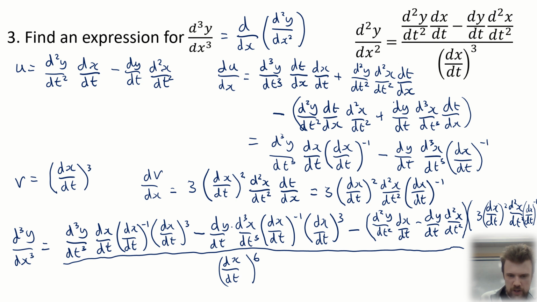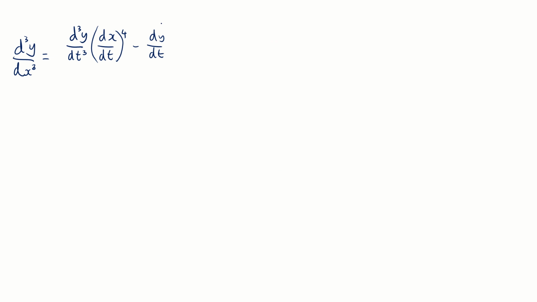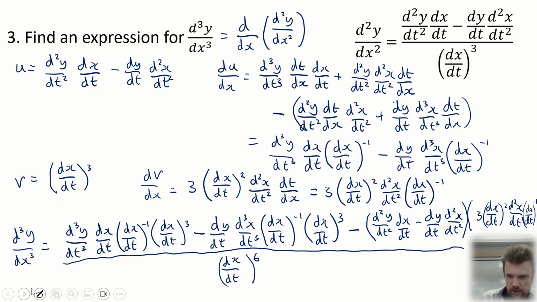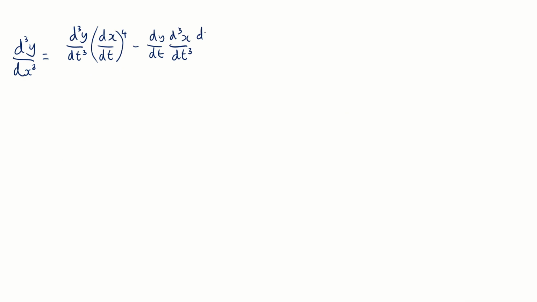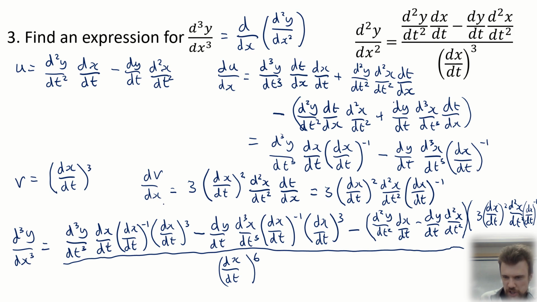We have d cubed x over dt cubed. And we have a dx over dt all cubed. Cool. And then we also have all of those brackets to multiply out.